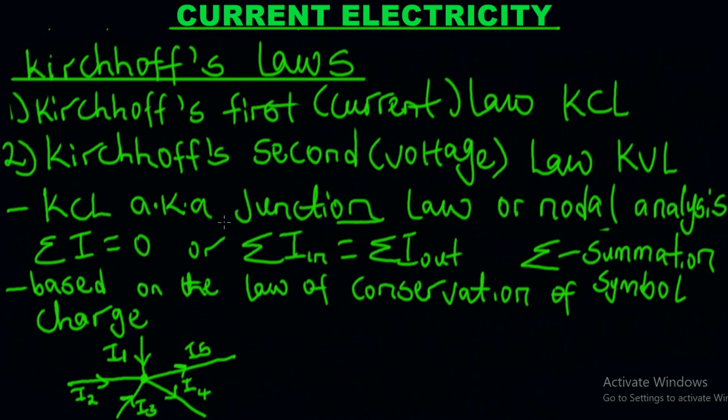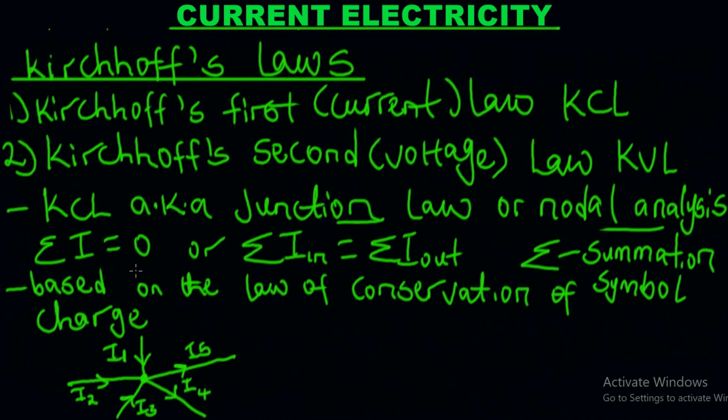This law states that the algebraic sum of the currents meeting at a junction or a point is zero. Or, the total current entering a junction equals the total current leaving the region.